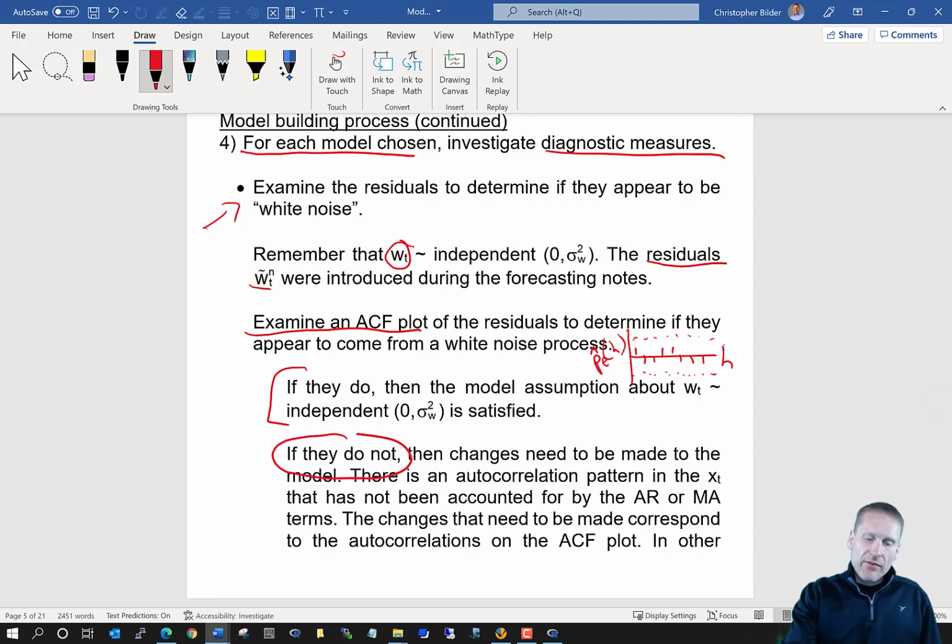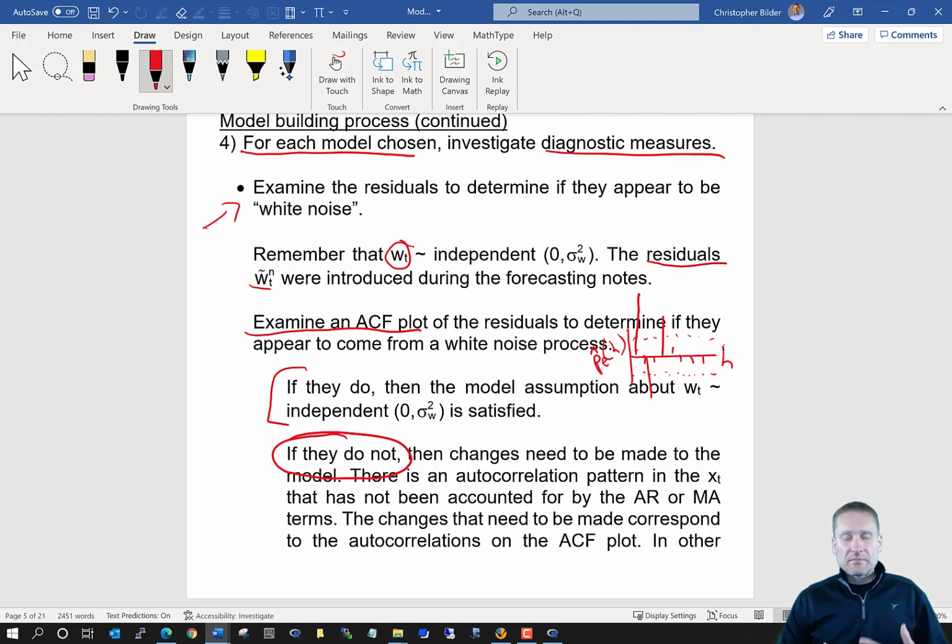Now, if from looking at the ACF you have something like this, where some of the autocorrelations are outside those dashed lines, then that tells me there is a problem with this model, because these residuals should look very similar to what we would expect for white noise in terms of the autocorrelations.